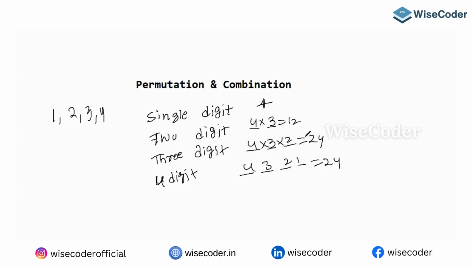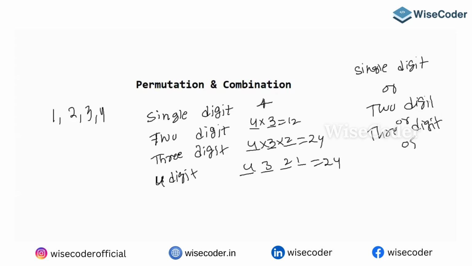So here the point is this: by using these digits, we need to decide whether to add or multiply. What you want is a single digit, or 2 digit, or 3 digit, or 4 digit. The conjunction is what here, guys? Or.